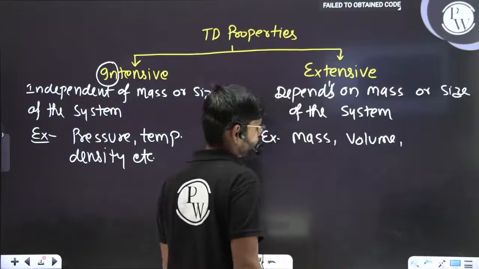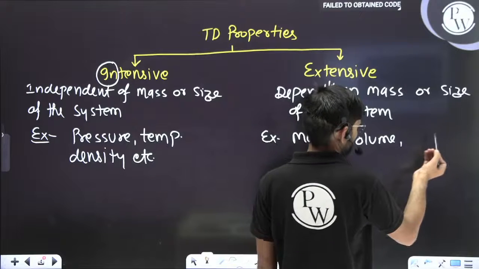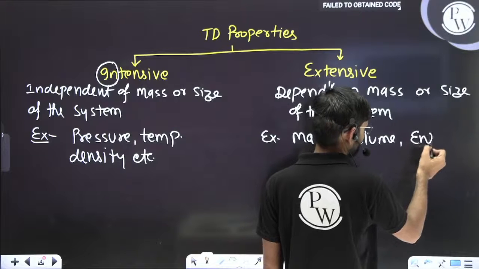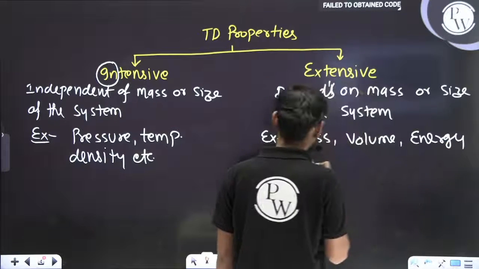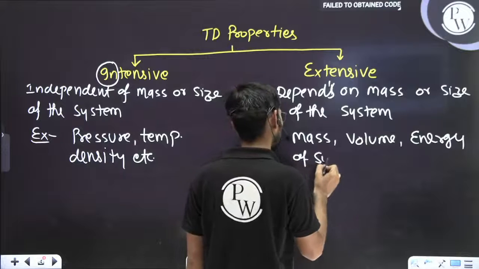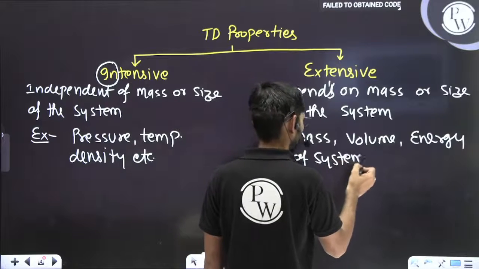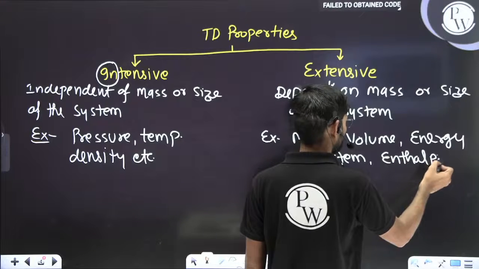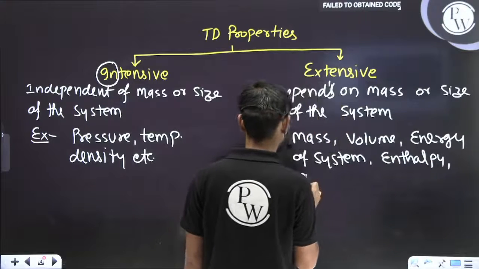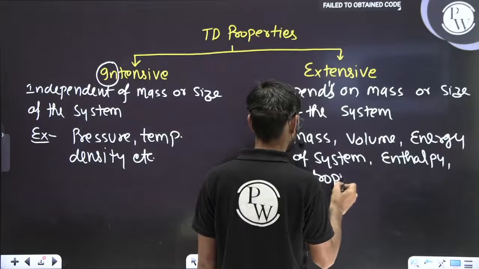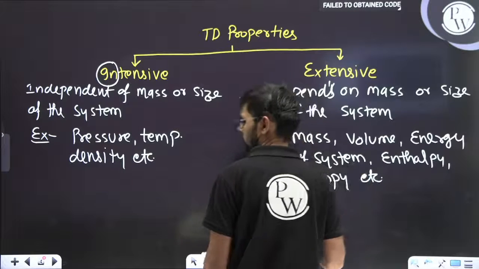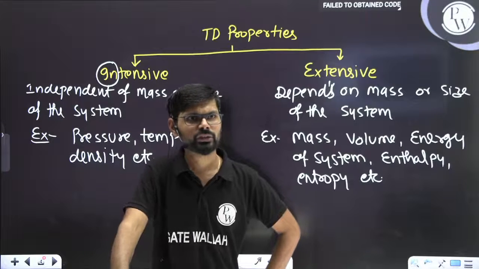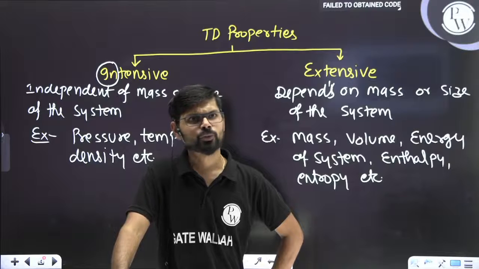Mass is there, volume is there, and I can say internal energy or energy of the system, enthalpy, entropy, etc. These are basically the extensive properties.